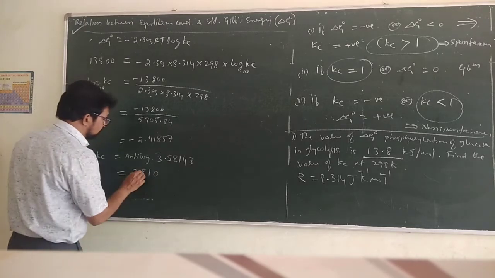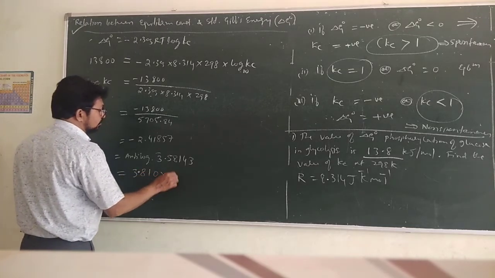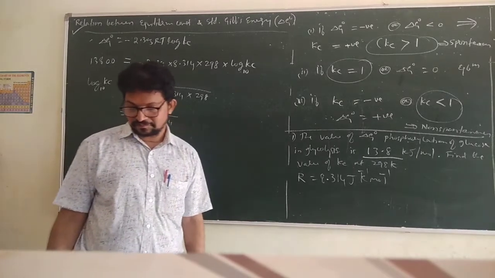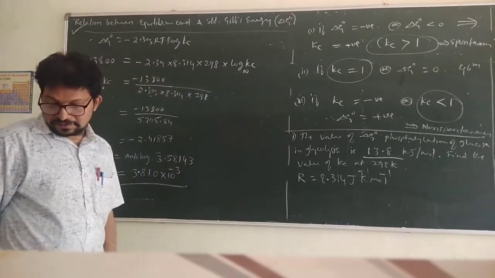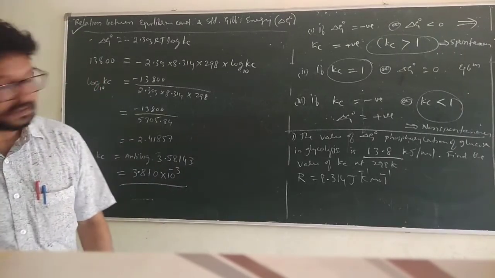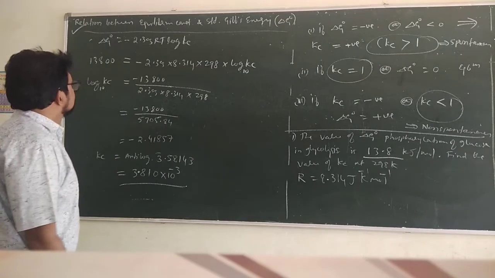Put the decimal point in the first place, into 10 to the power minus 3. This is the answer. So this is how you can work out the equilibrium constant.